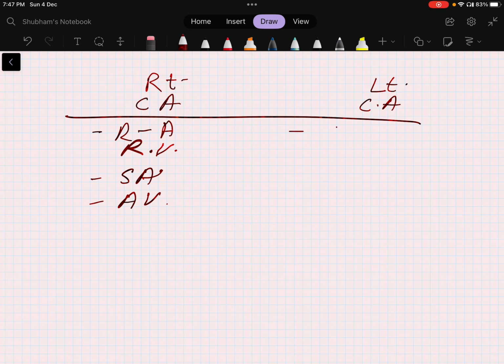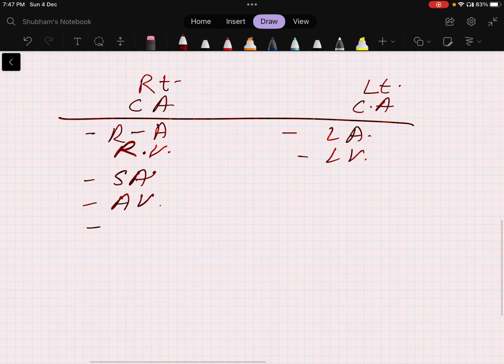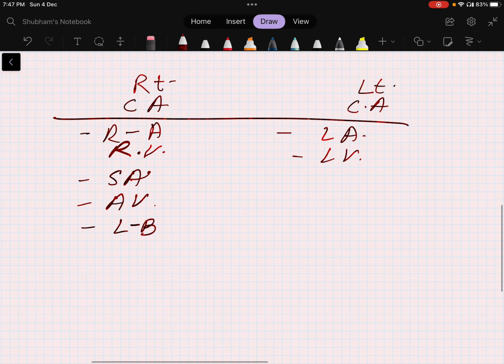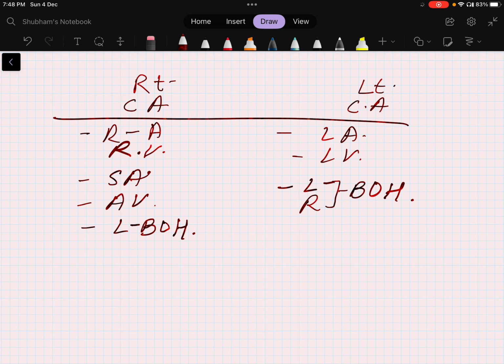And on this side, LA, LV, that is left atrium and left ventricle. Then the right will supply the left bundle of His, but the left will supply both the left and right bundle of His. This is what you should be able to remember.